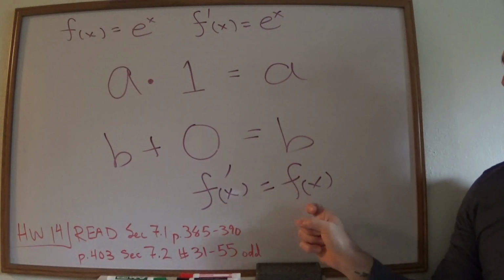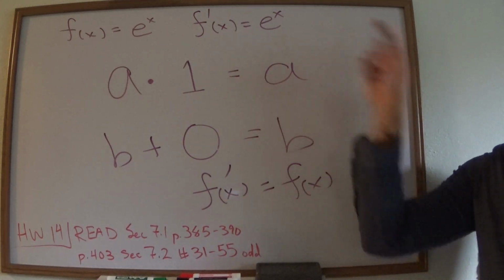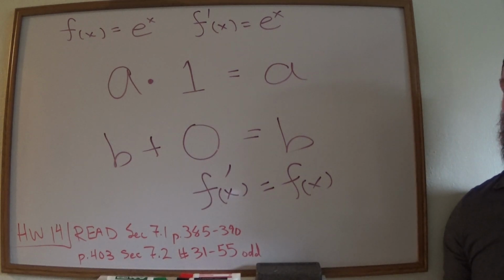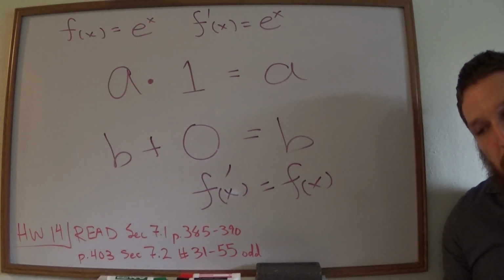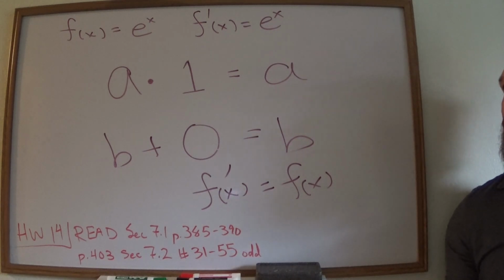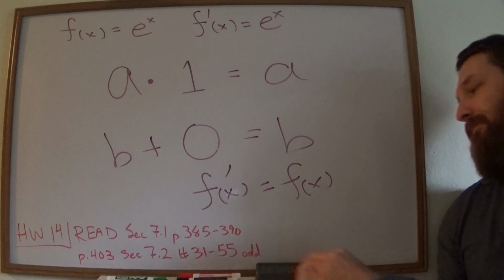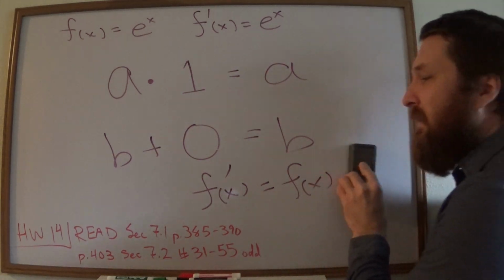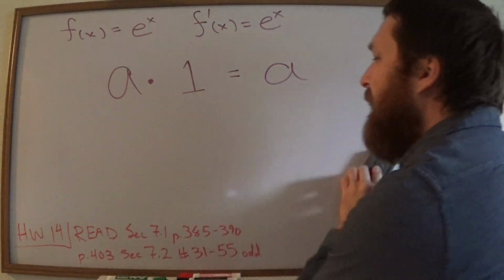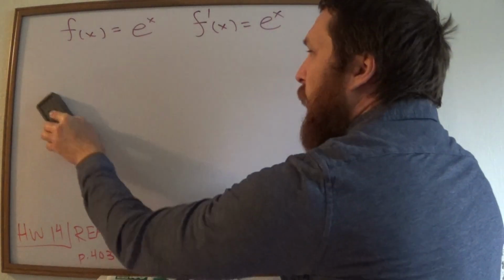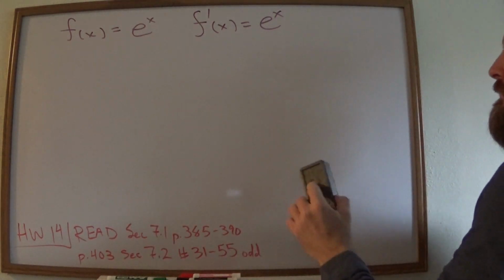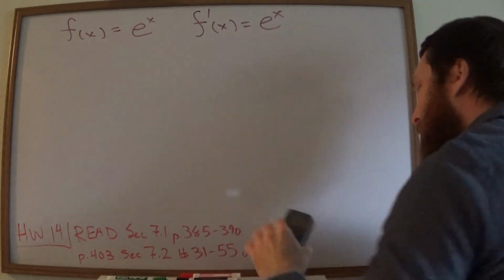In a very similar way, e is foundational. It's a little bit different, but when it comes to calculus, this is like the function, right? If I were teaching arithmetic right here, I would say 1 is the number, and 0 is the number.